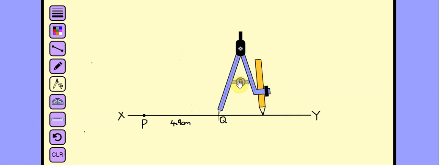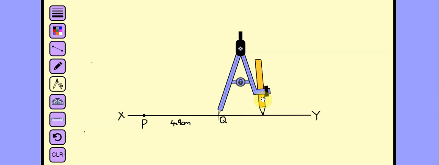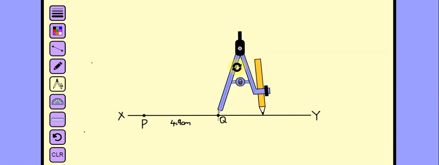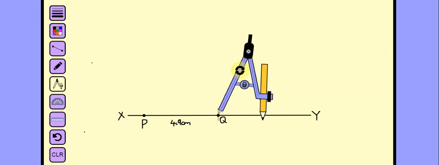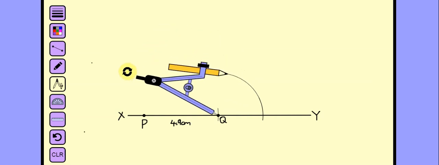This process begins with opening our compass to a suitable separation, and with Q as our center, we will scribe an arc cutting the line XY and coming up above Q. So I am scribing an arc to cut the line XY here, and it comes up above Q just like that.